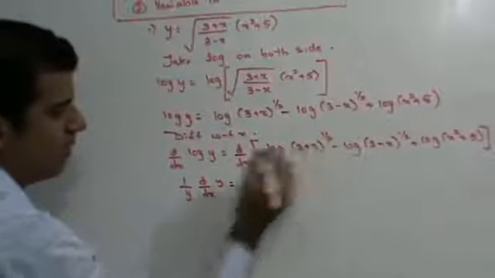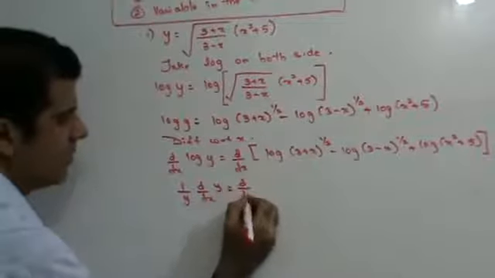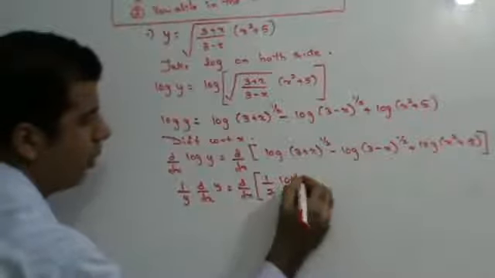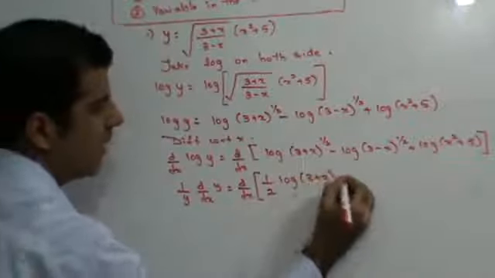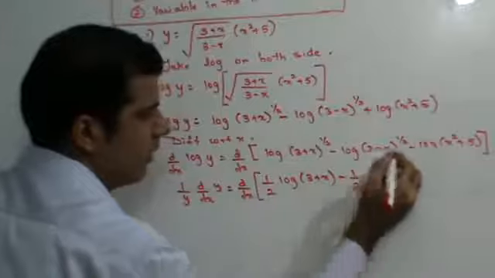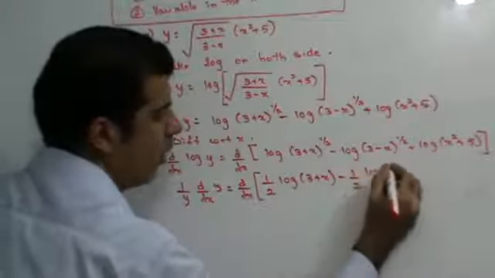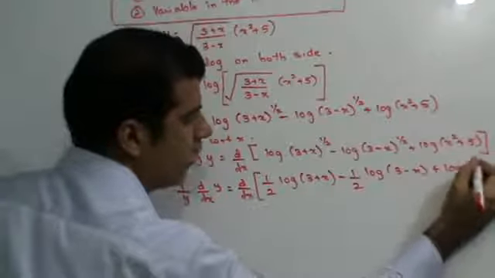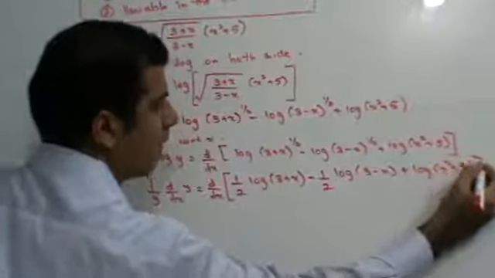Now whatever is the number in the indice comes before the log. So this will be 1 upon 2 log 3 plus x minus, number in the indice comes before the log, 1 upon 2 log 3 minus x, plus log x square plus 5.